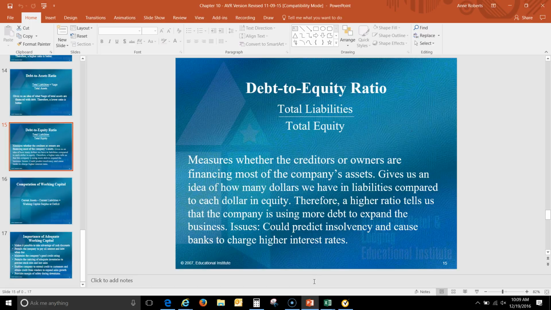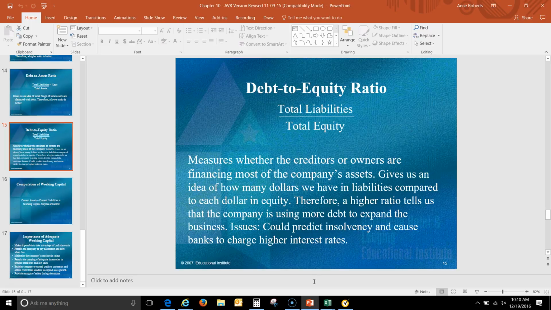See that? So if the result of this equals 1.2, that means we've got 1 in equity, we got 1.2 in liabilities, and we got 2.2 in assets. How do you know it's always going to be 1 in equity? Yes, it is.